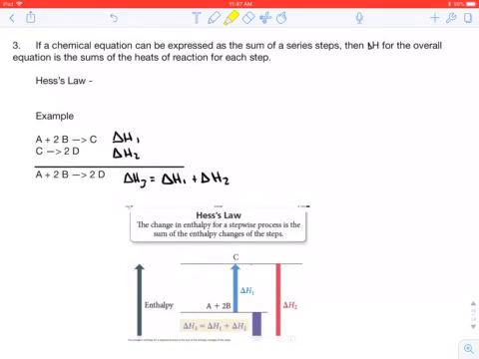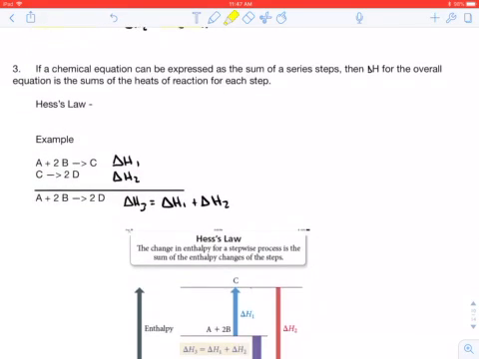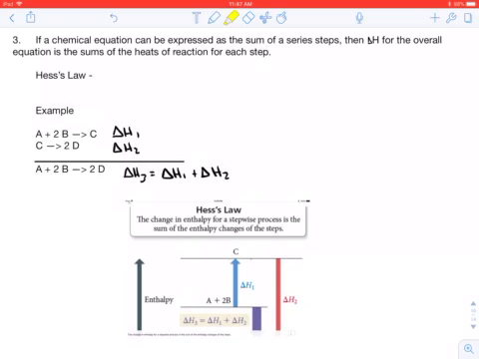Our third one is the one that's most useful, and we actually use those top 2 statements to do the third one. It says, if a chemical equation can be expressed as a sum of a series of steps, then delta H for the overall equation equals the sum of the heats of reactions for each step. This has its own specific name, and that's called Hess's law. Hess's law basically is the law of summation.